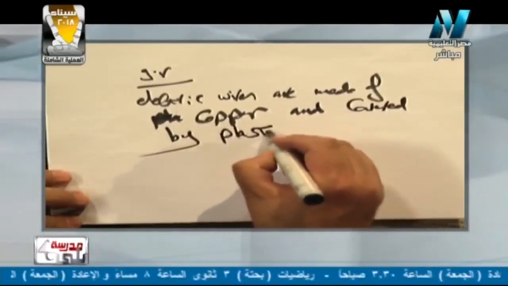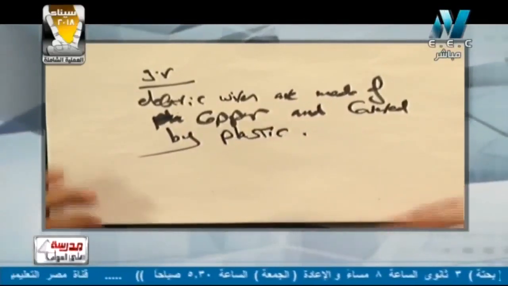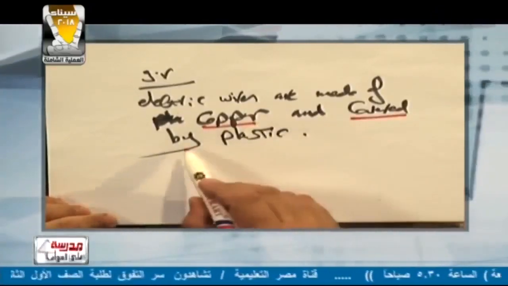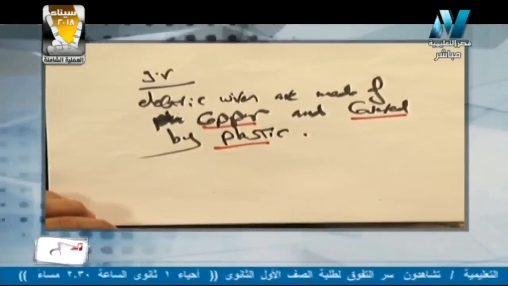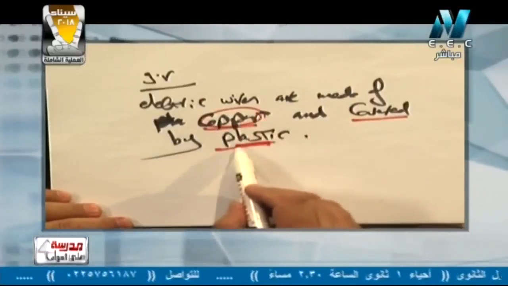So here I have two questions, not only one question. Electric wires are made of copper. أسلاك الكهرباء بتصنع من النحاس. But they are covered by plastic. يعني هنا في مادتين بيستخدموا في صنع electric wire. What are they? The copper, the inside structure, and the plastic, the outside structure.